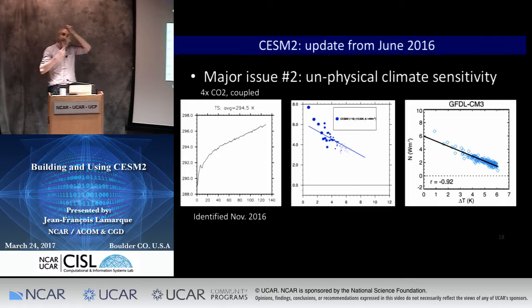And then we build a model, we solve that, and other things at the same time. And then one of the tests that you do to the model is to put it in a hot climate. You multiply instantaneously the CO2 that's present by a factor of 2 or 4, and you just let the system equilibrate, and that gives you a measure of what we call the climate sensitivity, which is just a broad measure of the response of at least the global temperature to a CO2 change.